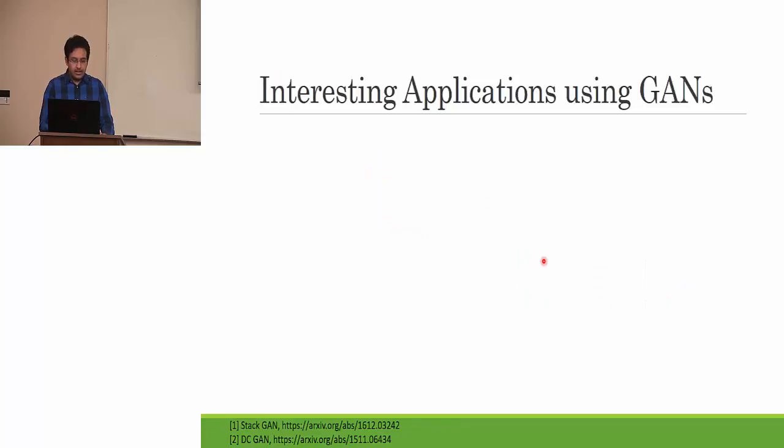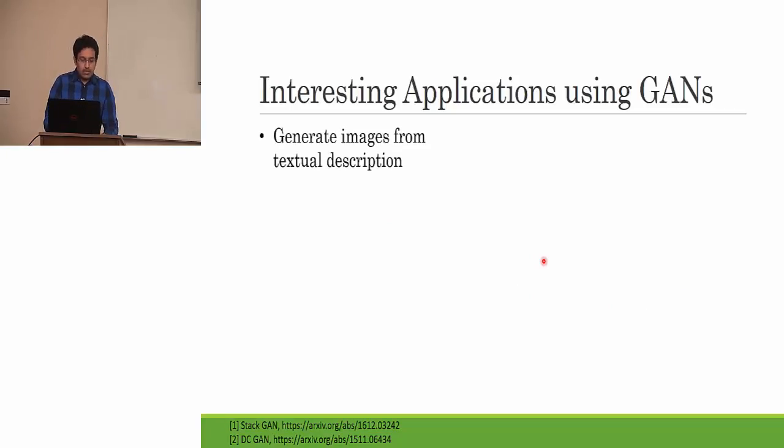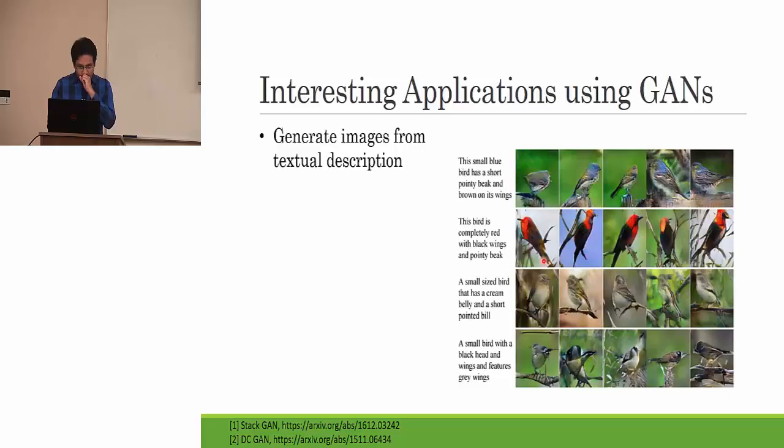So there are very interesting applications of GANs. They use textual descriptions to generate images. As you can see here, you give this description to the network and it generates the images.